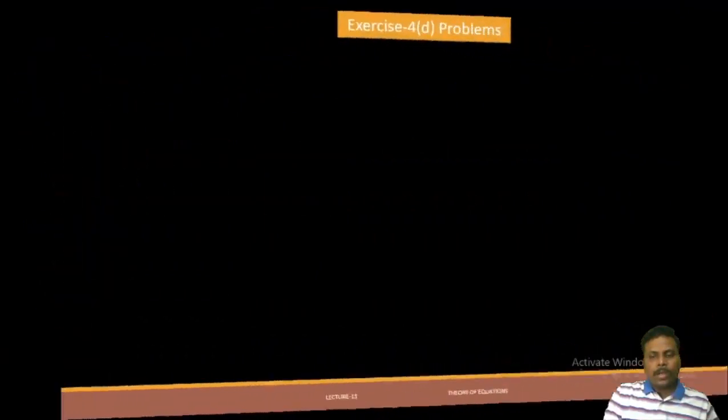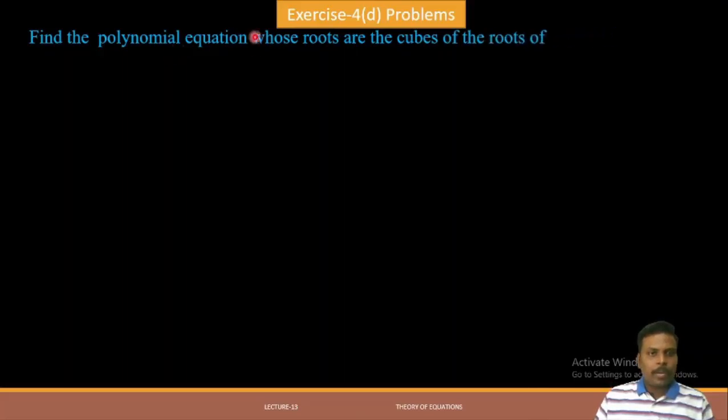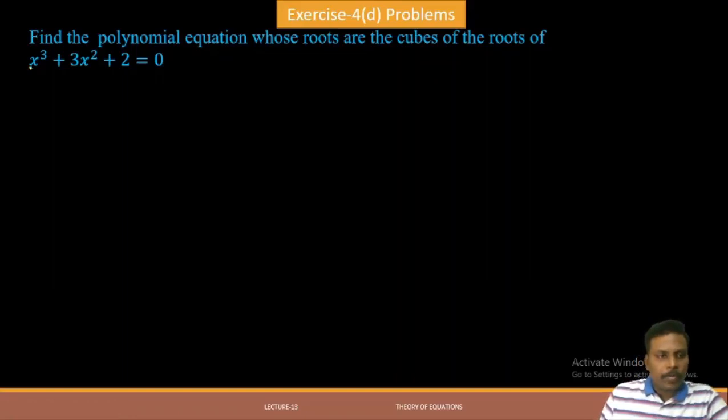Let us solve one more problem. Here is the problem. Find the polynomial equation whose roots are cubes of the roots of the equation x cube plus 3x square plus 2 is equal to 0. Okay, let us try to solve this problem.